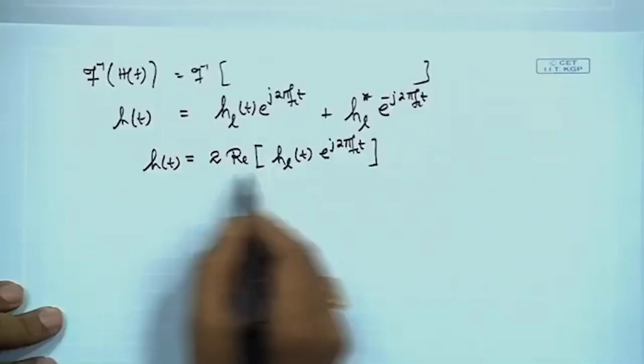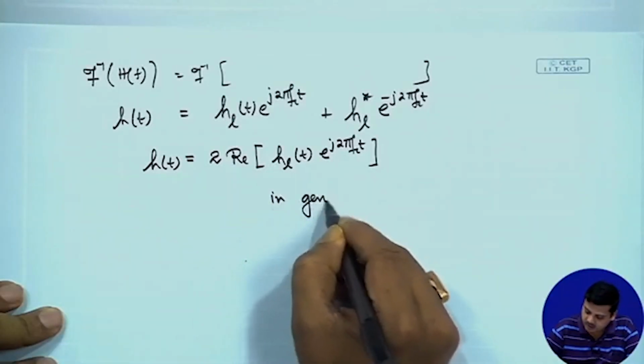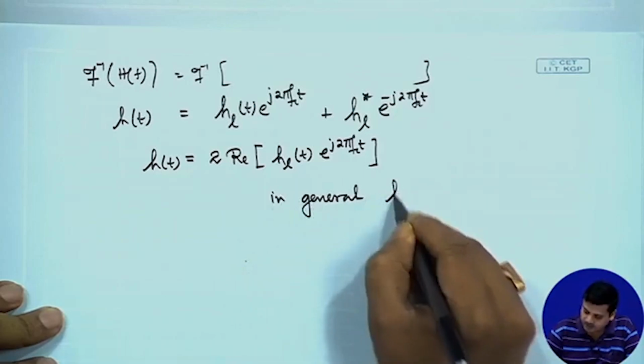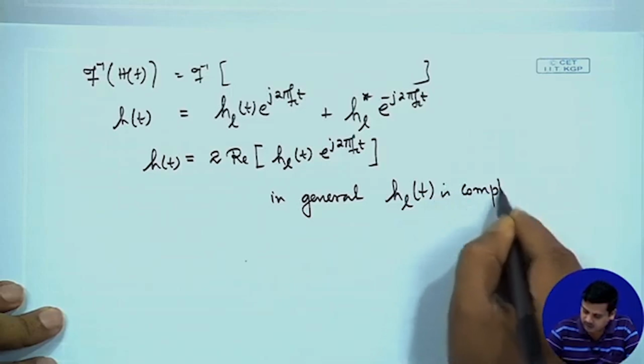and now we have seen the relationship that would exist between the passband channel coefficients and that of its equivalent low pass representation. So, since we have got these relationships, of course, just at this point we would like to recall that similar to what we did earlier, in general we should say h_L of t is complex.